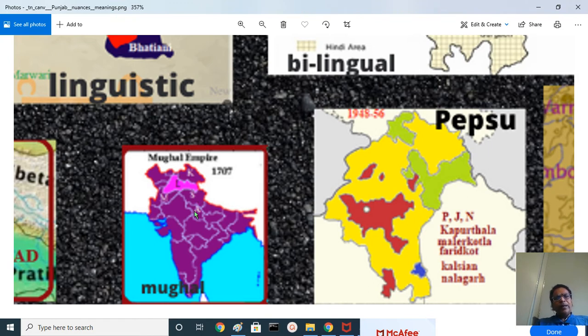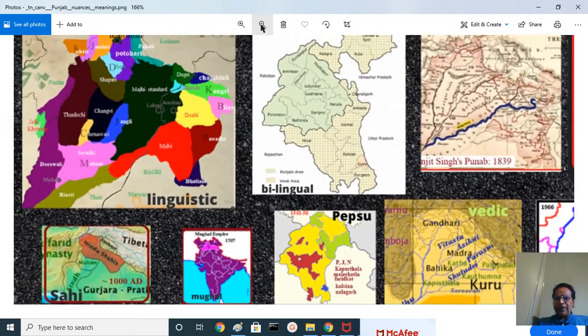And Delhi Suba, sometimes called Agra Suba. So the part of historic Punjab overlapped with Agra Suba, Delhi Suba, Sirhind Suba, Lahore Suba, Multan Suba, Kashmir Suba, and Pashto speaking Kabul Suba. So that is the Mughal Punjab in 1707.